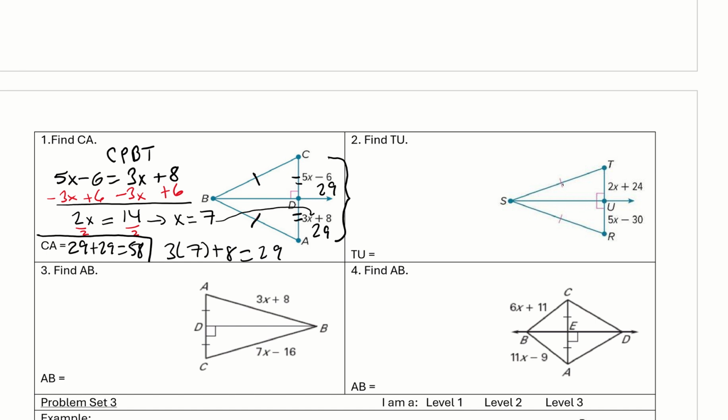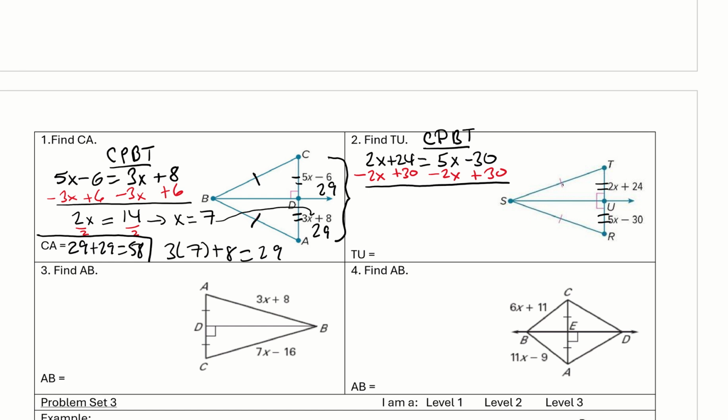Again, if these are congruent, then these are congruent. That's the converse of the perpendicular bisector theorem. So then we set them equal. And then we solve, okay? So I'm going to subtract 2x on both sides, and then I'm going to add this 30 over to the other side.